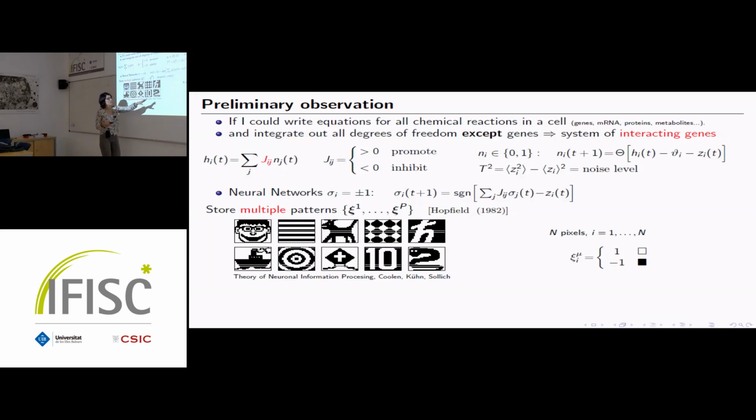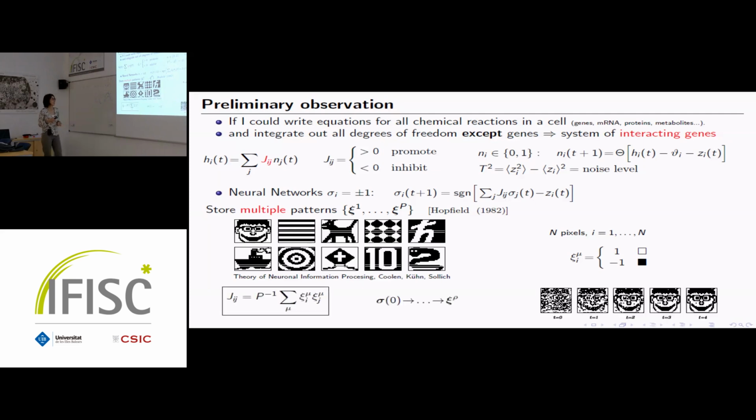We can represent it as a binary vector, a vector of n entries, one for each pixel, which takes value plus or minus 1, depending on whether the pixel is black or white. And then Hopfield suggested that if we choose the couplings between neurons in this form, then this pattern will be an attractor for the neural network dynamics, meaning that if we initialize the network in some configuration, as time elapses, it will reach one attractor, meaning that it will retrieve one memory.